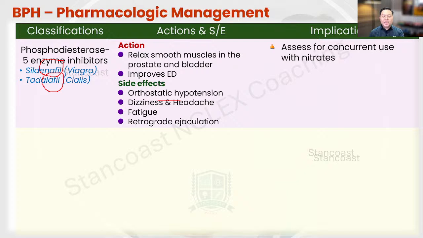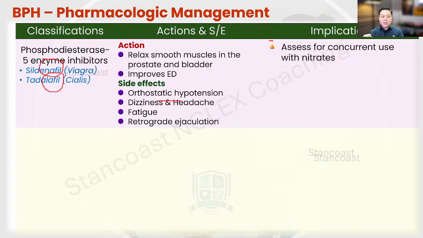Now, we're going to have to check our patient, especially before we initiate the therapy. We have to thoroughly ask our patient if they are using any nitrates. I'm talking about prescription medications, those medications that are used to treat angina pectoris, okay?